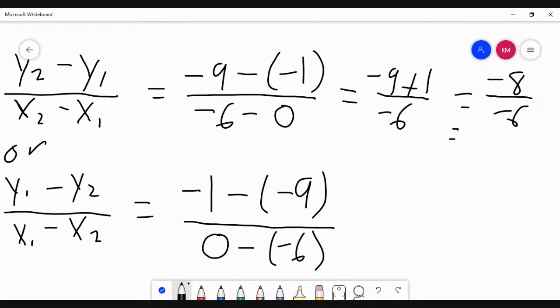Which, when I am done, is going to be 8 over 6. Or when you simplify it, meaning reduce it to its lowest terms, since 8 and 6 have 2 in common, 8 divided by 2 gives me 4, and 6 divided by 2 gives me 3.